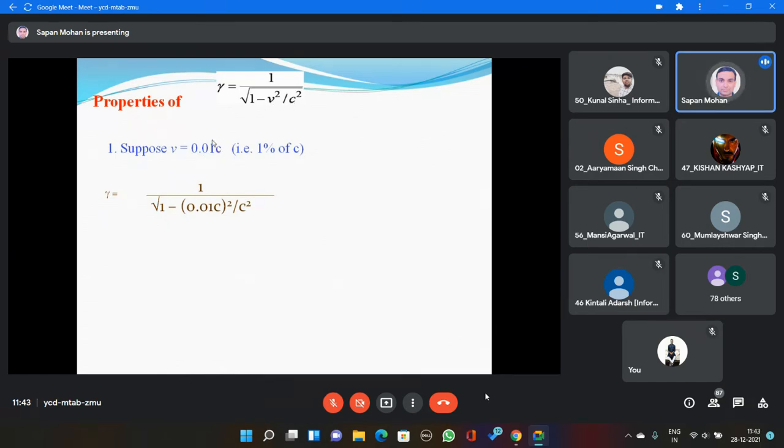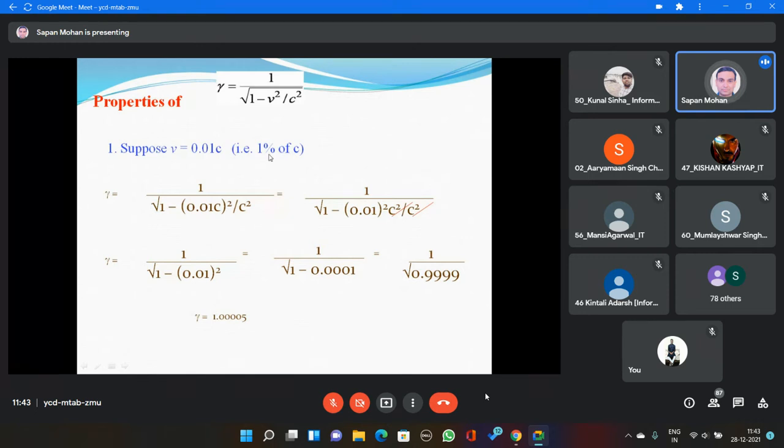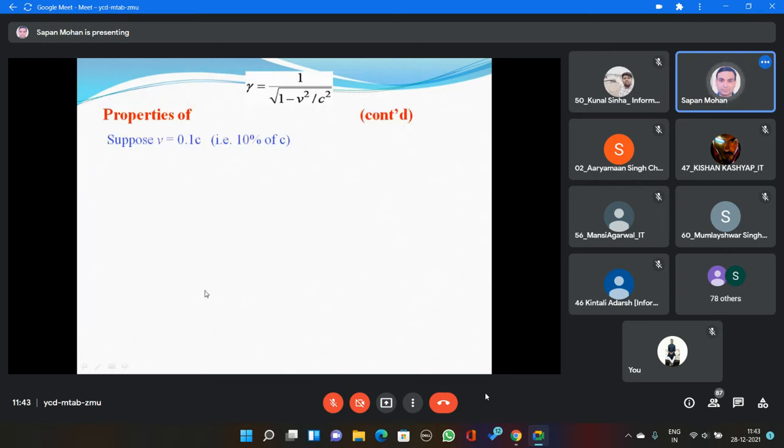So what value will we get? 0.01 c. Substitute over here. This cancels out. What do we get? See here, even if it is very small, 1% of c, the gamma is greater than 1. I already told you gamma never goes below 1. 1.0005, whatever the value, it is greater than 1.